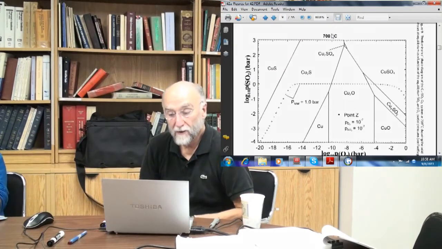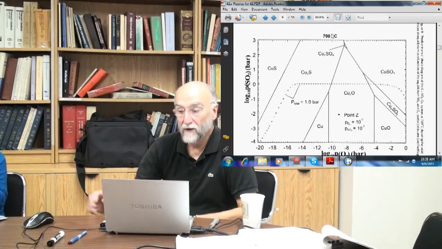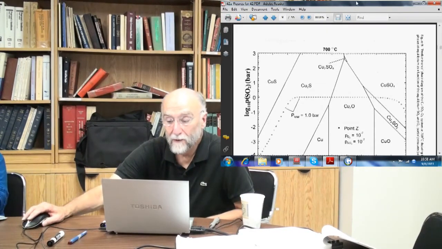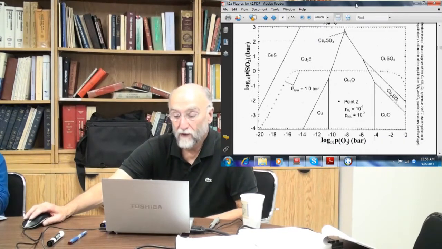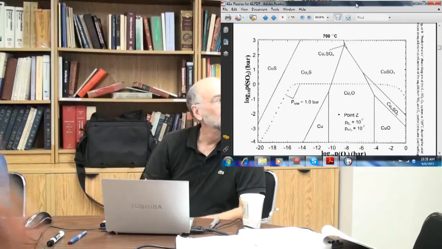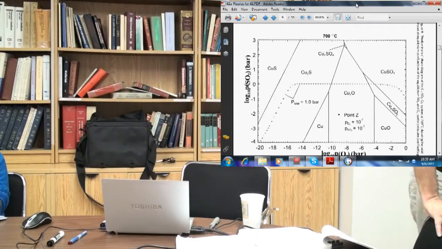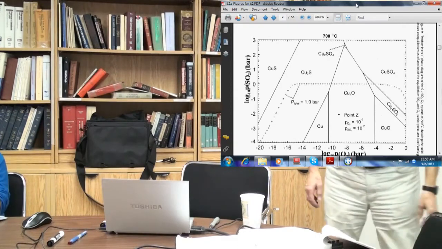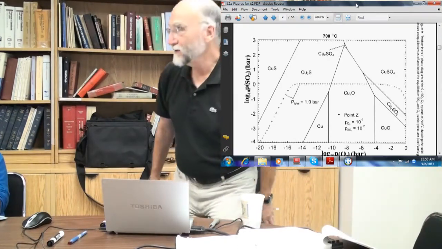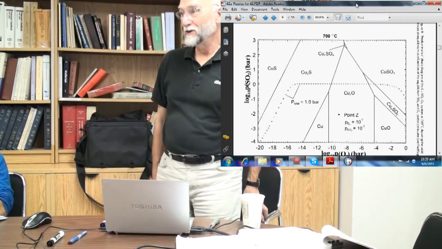That's called the predominance diagram for the copper sulfur oxygen system. You've all seen this, I presume? No? Oh, I'm sorry. Thank you. Copper sulfur oxygen system. Everybody know what a predominance diagram is? Anybody who doesn't know what a predominance diagram is?